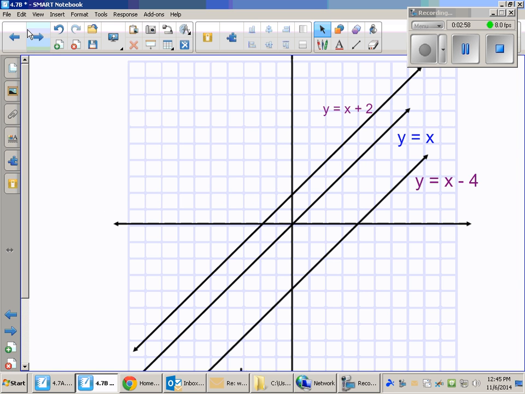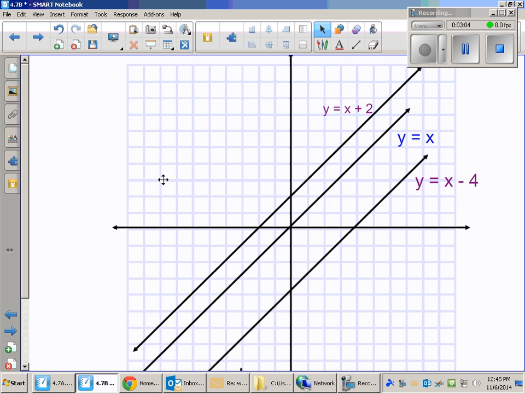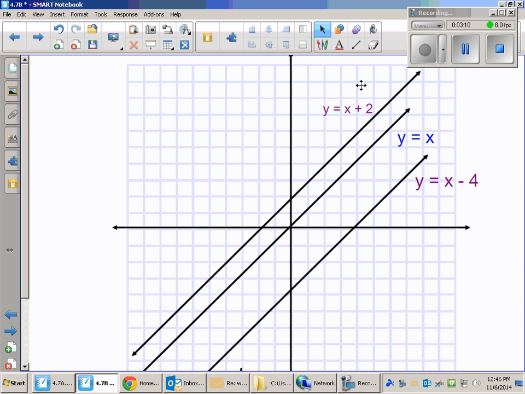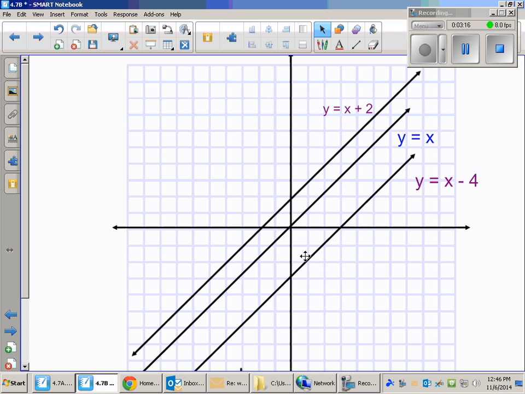And then the last one, these are parallel lines, but they all have the same slope. The only difference is that they've been shifted. So this line here is the same line, it's just been shifted up 2 because it had a y-intercept of 2. And this is the same line, except it's been shifted down 4 because it has a y-intercept of -4. Again, I'm sure you can guess we're going to use a more sophisticated word than shift.